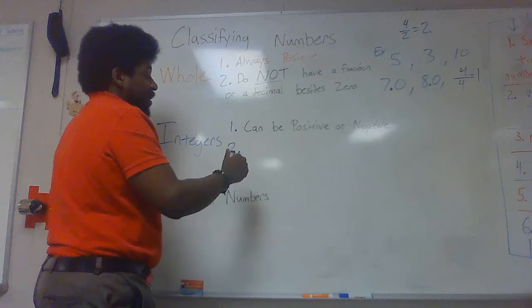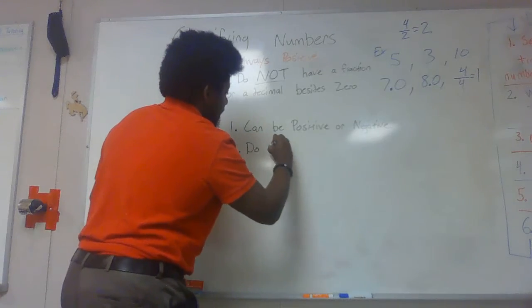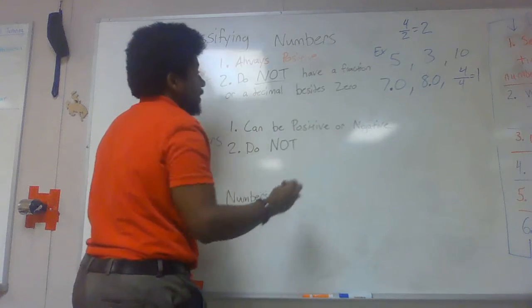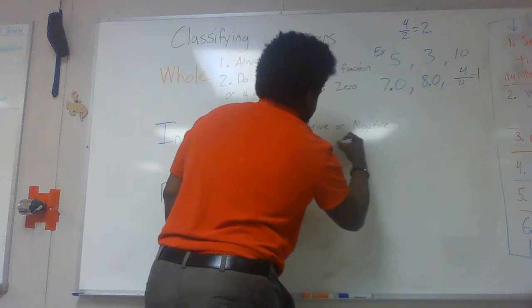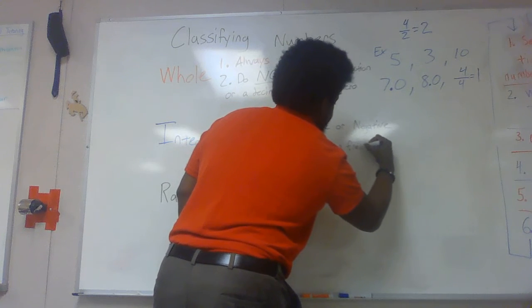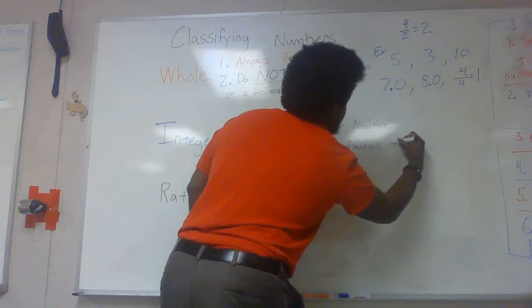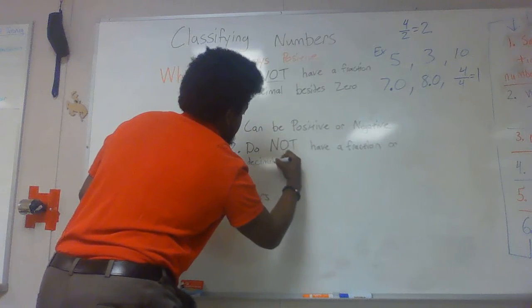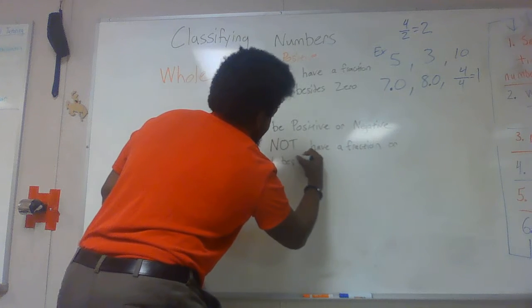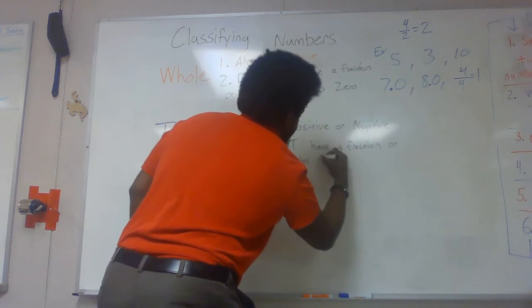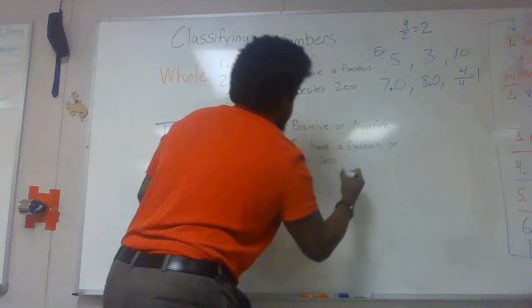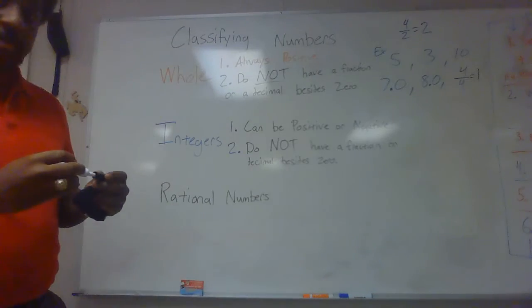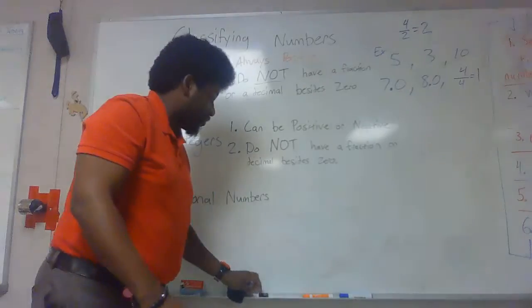Similar to whole numbers, integers do not have a fraction or decimal besides 0. Some examples of some integers.